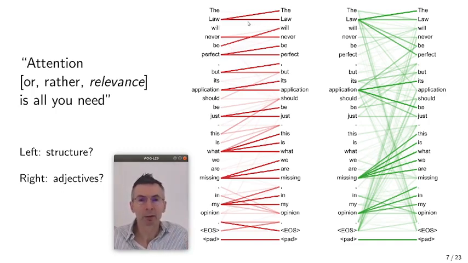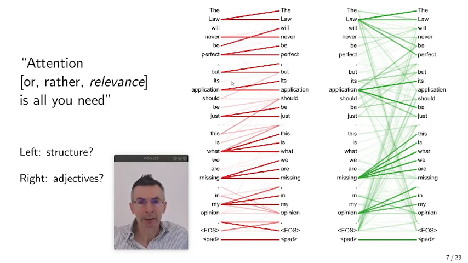So here, this first one, for example, seems to me to be about the structure of the sentence. See, in this picture, it's divided into the grammatical components of the sentence. You have a noun phrase here, the law, and then a verb phrase, will never be perfect, and those are related to each other according to these red lines.